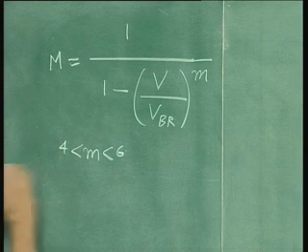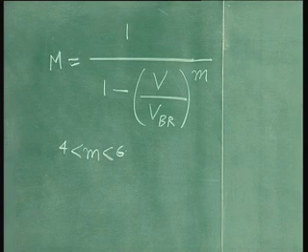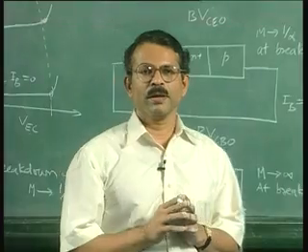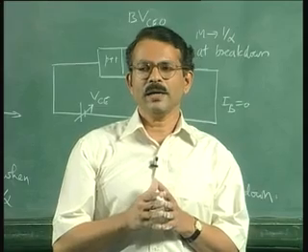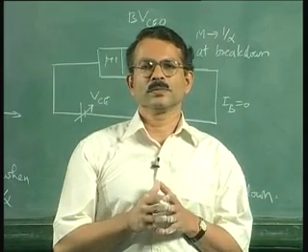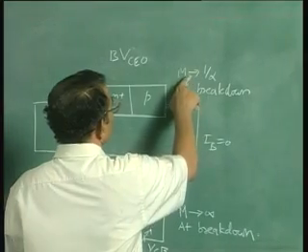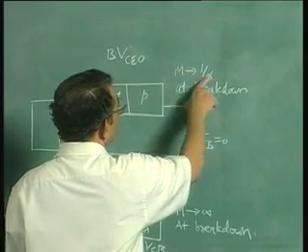Now using this basic relation for a PN junction, let us see how we can express the relation between VCBO and VCEO. VCEO occurs when M tends to 1 by alpha.